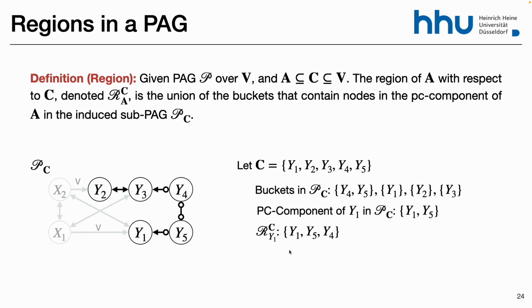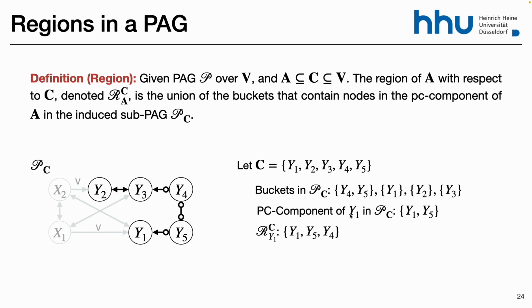So it's just the union of all the buckets of the variables that are part of the PC component of A, which is my set here. If you want to think about it, a C component is like a set of variables where everything is confounded with everything. It's something where you don't know if there is a bidirected edge between them, so it's confounded, so you cannot deal with this in causal terms.